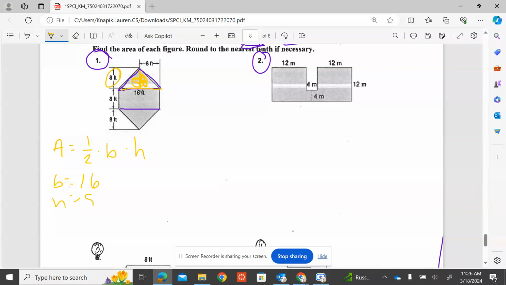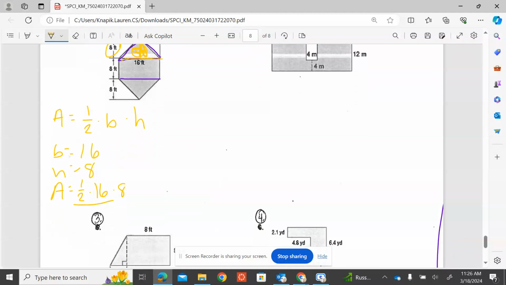So our area is 1/2 times 16 times 8. Well, we know that 1/2 times 16 is going to be 8. Multiply by 8, so our area of that top triangle is 64.